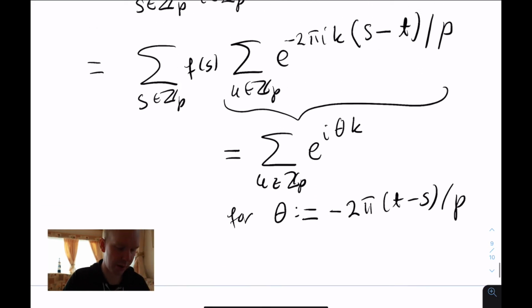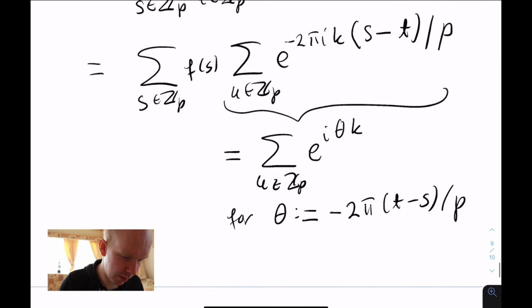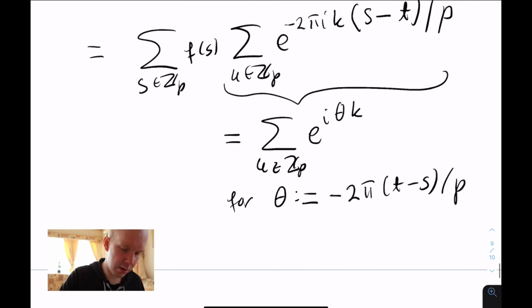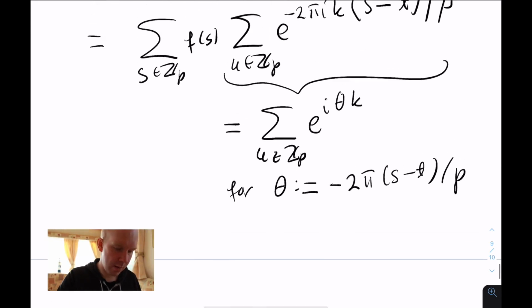When you put the minus, you should get this quantity in the front. Oh, sorry, it's s minus t, s minus t. Yeah.